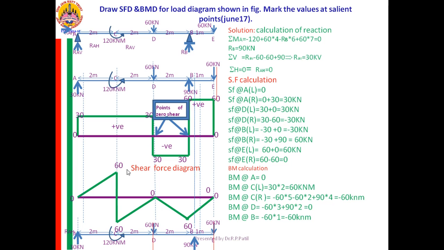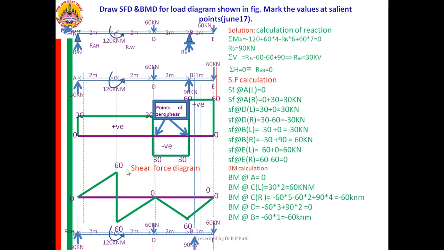So friends, how you join the SF lines or the BM lines, to some extent you are getting the concept there. No load, the SF line will be a parallel line with the 0 line. If a constant UDL is there, the SF line will be inclined. If a triangular load is there, the SF line will be a parabola.